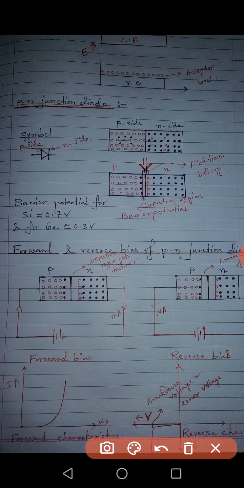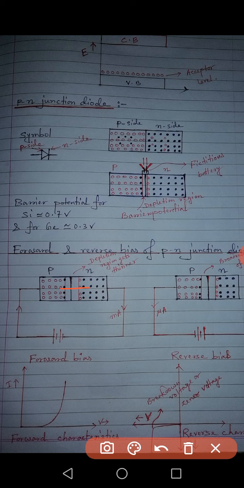And in forward bias what happens is, since this positive side is connected with this p side, what will happen? It will push all the holes through this depletion region into the n side.